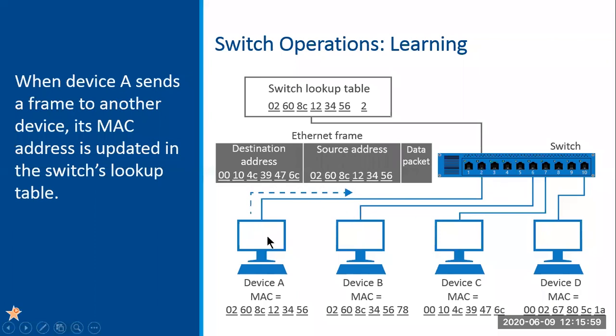That means this device with this MAC address lives on my port 2 because it's talking from there. And so it adds that to its switch lookup table. And when it does, next time it receives a frame for this MAC address as a destination, it will know that, okay, I need to only forward it out port 2, nowhere else.